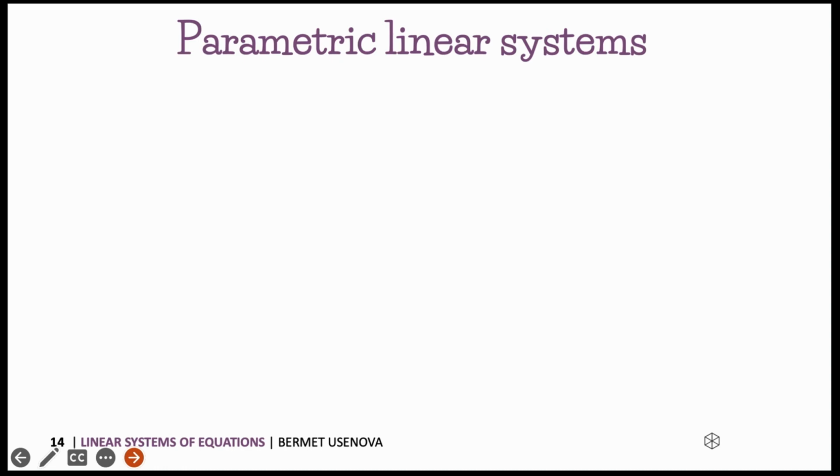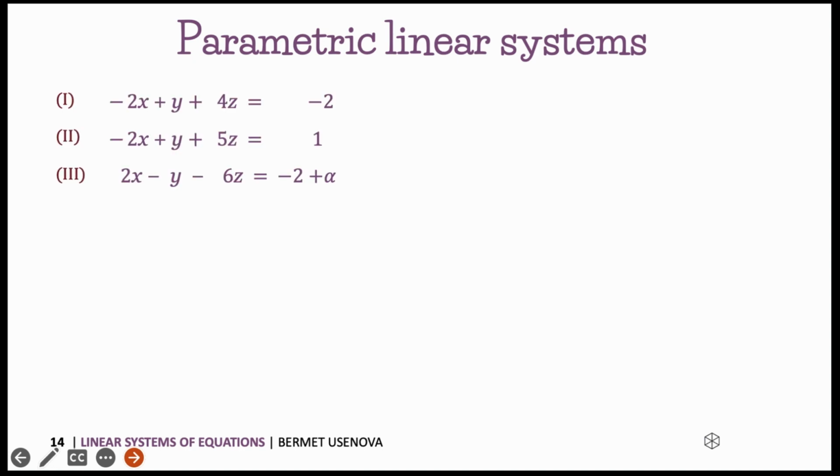So we also saw in the previous examples that we can include some parameters like t, we included that parameter, but here they are already included in our system by default. So for example, here we have parameter alpha. So in equations that contain parameters, we try to eliminate as many variables as possible.